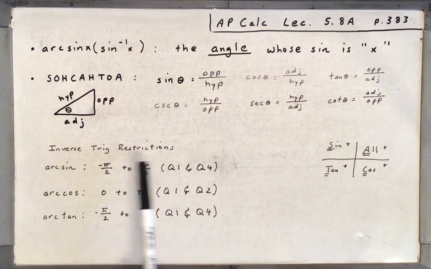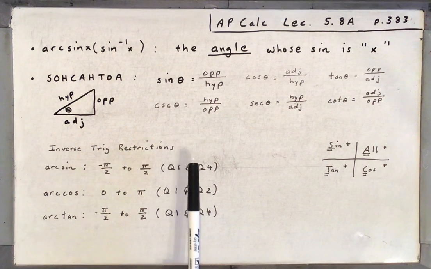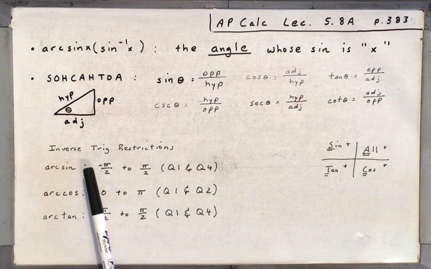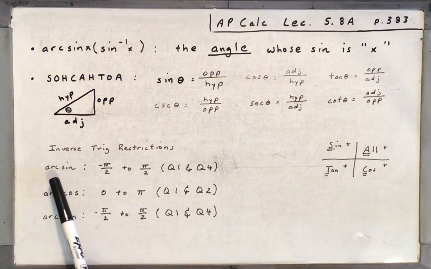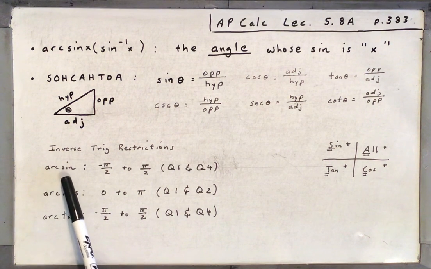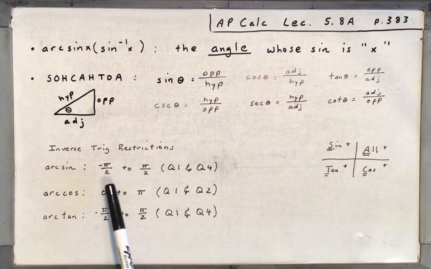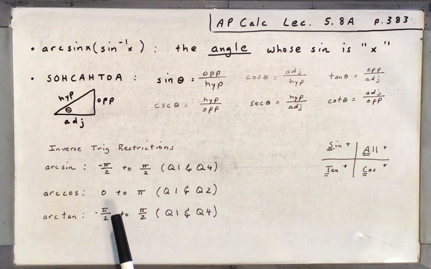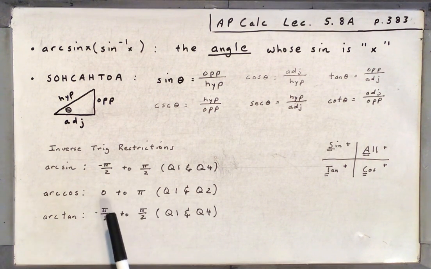You also have some restrictions on the angles that you can report, or the answers that you can report, for inverse trig functions. Inverse sine, or arc sine, is restricted to quadrants 1 and 4, so between -pi/2 and pi/2. Otherwise it fails the vertical line test to be a function.